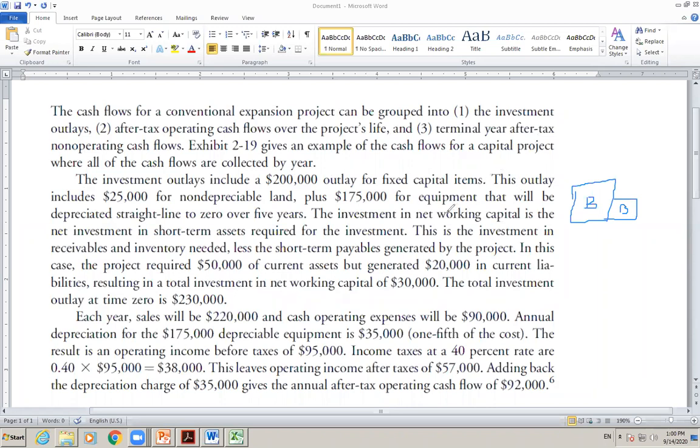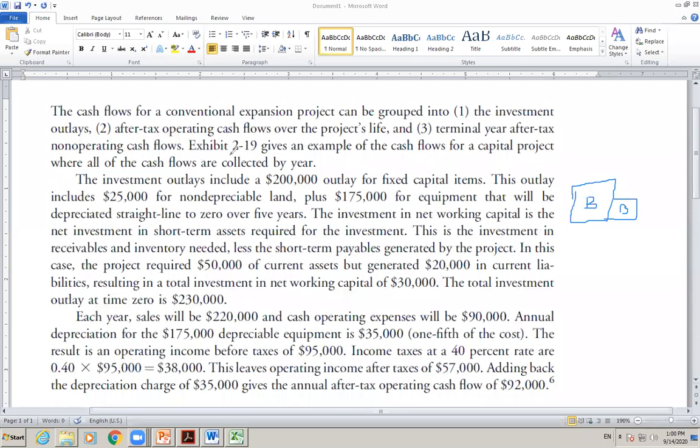So an expansion project can be grouped into investment outlays, after-tax operating cash flow over the project life, and the terminal after-tax non-operating cash flow. The last part is when you terminate your project, the last year of your project. So this is the year that we consider.